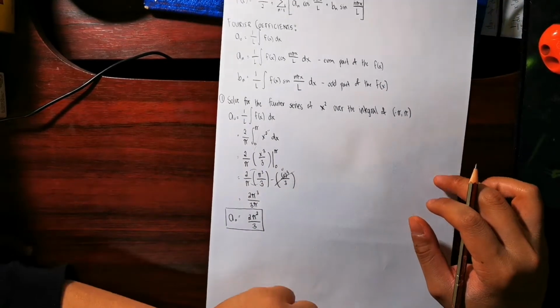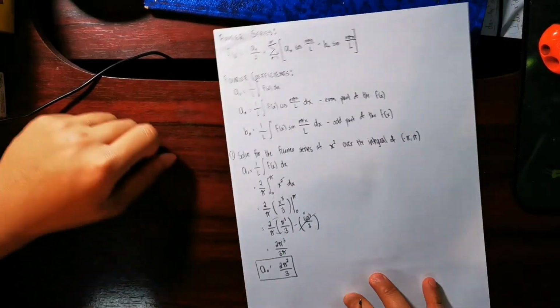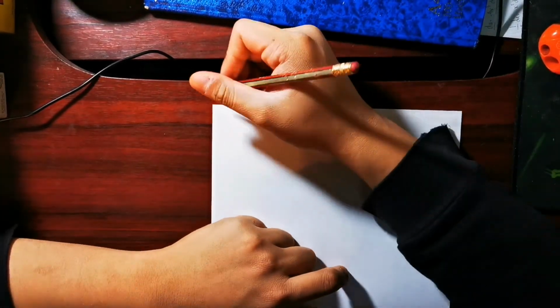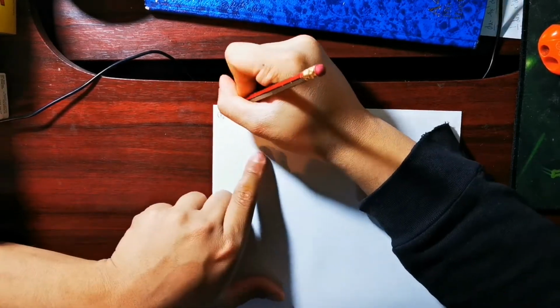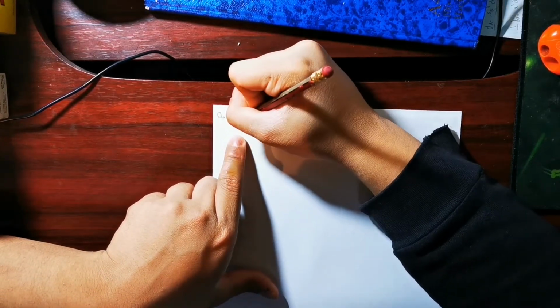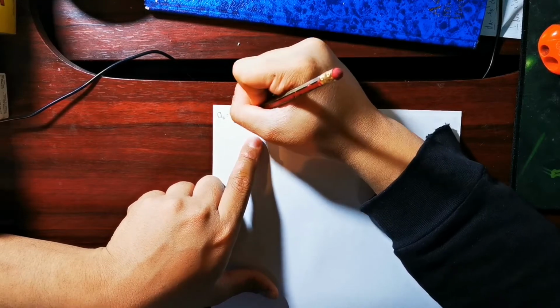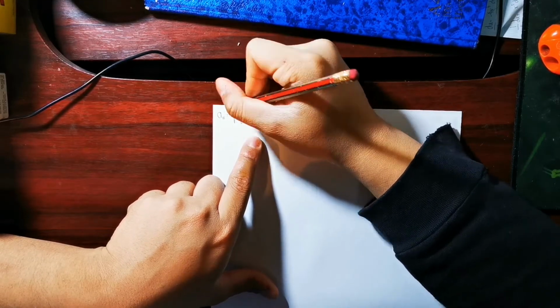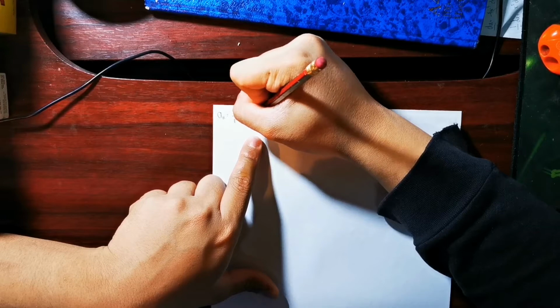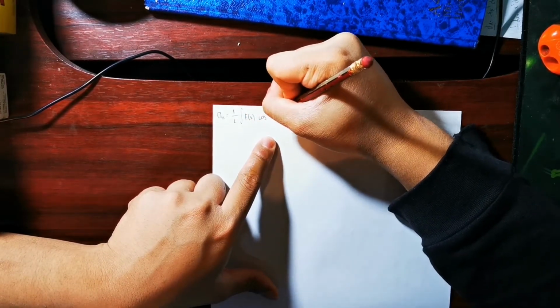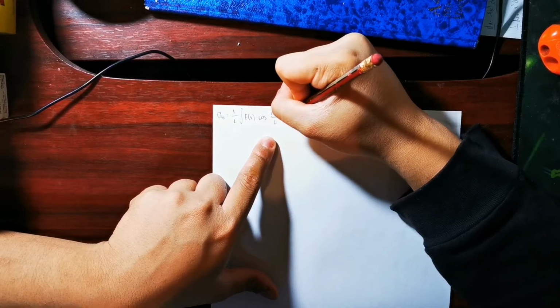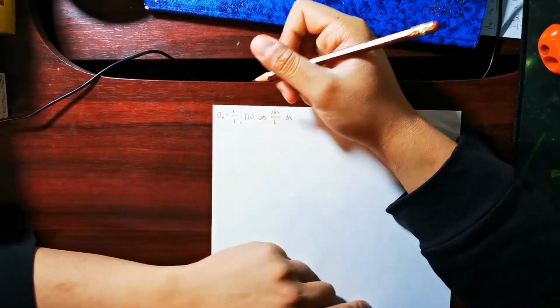Now we will solve for a sub n. For a sub n, we have the formula 1 over L times the integral of f of x cos n pi x over L dx.